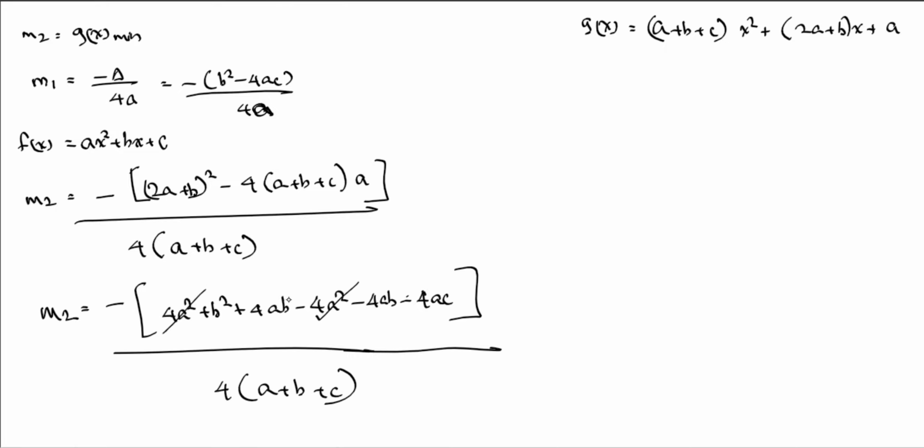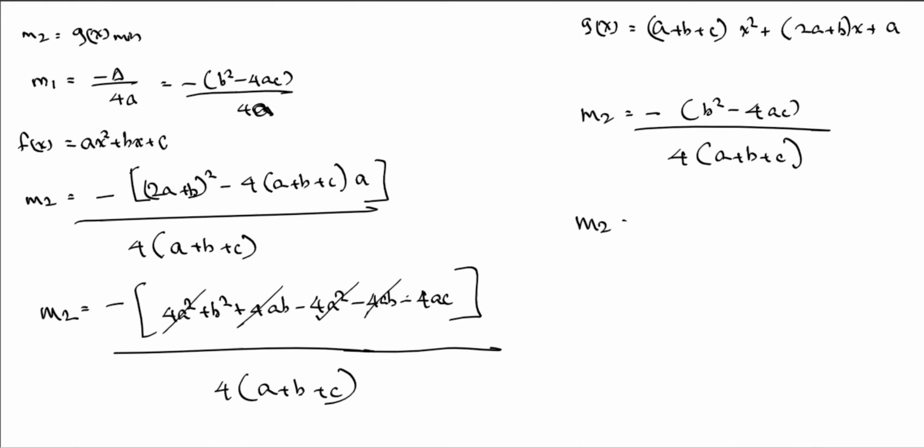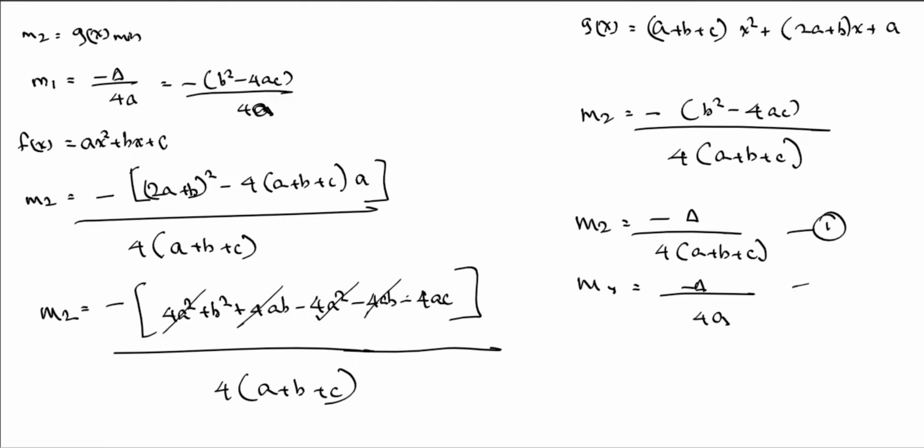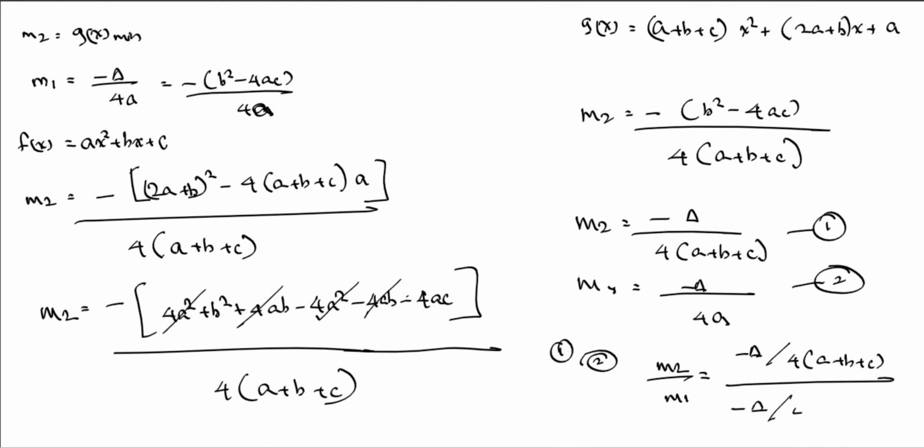4a squared and minus 4a squared cancel off, 4ab and minus 4ab cancel off. m2 is minus b squared minus 4ac divided by 4 times (a plus b plus c). So m2 is actually minus delta divided by 4(a plus b plus c), and m1 is minus delta divided by 4a. If I divide one by the other, m2 divided by m1 equals minus delta over 4(a plus b plus c) divided by minus delta over 4a.